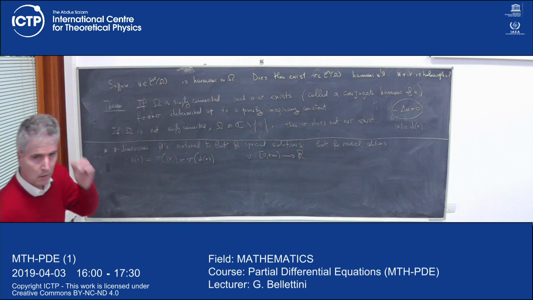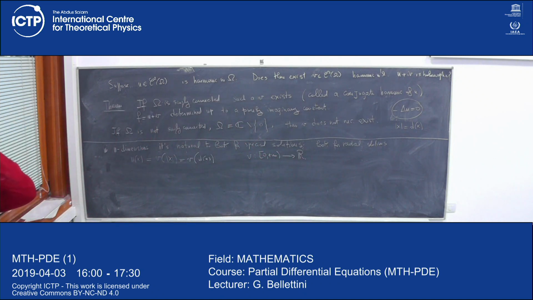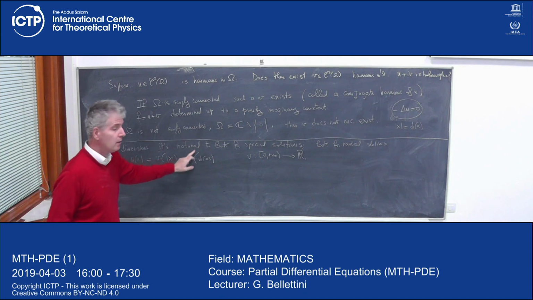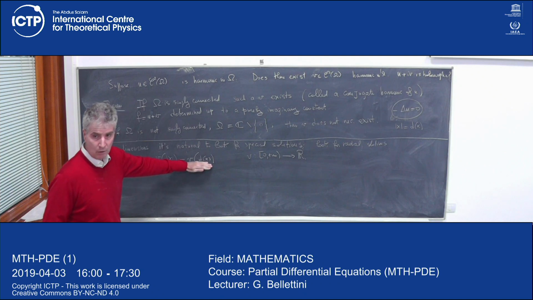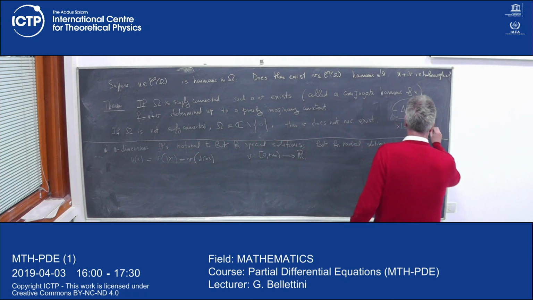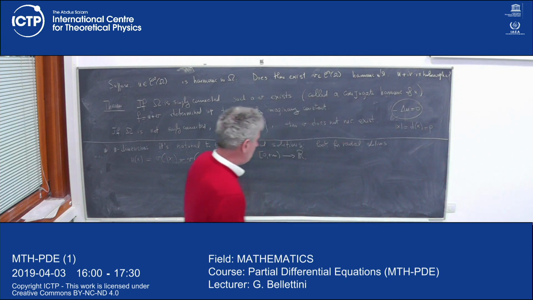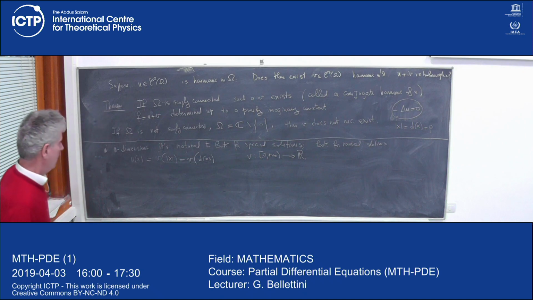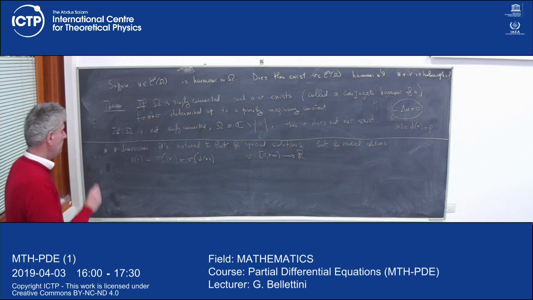Okay. So let's see how the PDE changes. I'm not writing the Laplacian in polar coordinates. I'm writing it in even simpler coordinates because my v does not depend on theta, but just on rho. The usual notation is to call this rho. So what do we have to do?